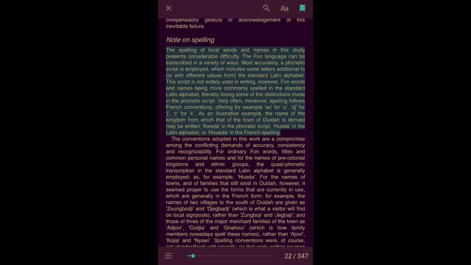Very often, moreover, spelling follows French conventions, offering, for example, OU for U, DJ for J, C for K. As an illustrative example, the name of the kingdom from which that of the town Whydah is derived may be written Xwéda in the phonetic script, Whydah in the Latin alphabet, or Ouidah in the French spelling. Very important that we get that.